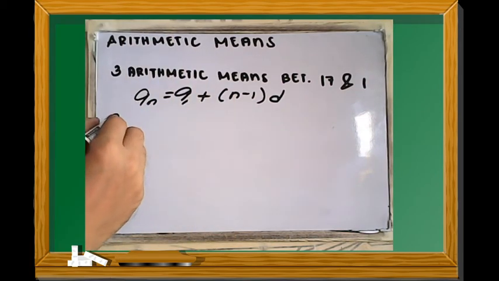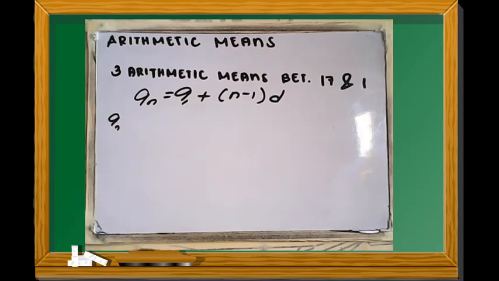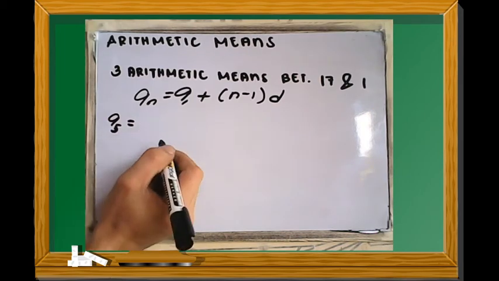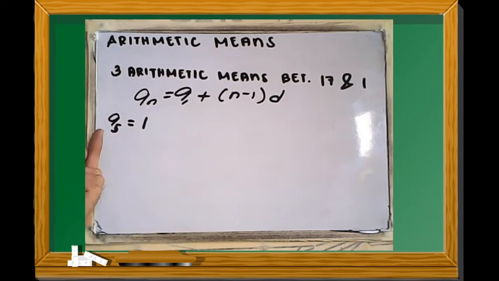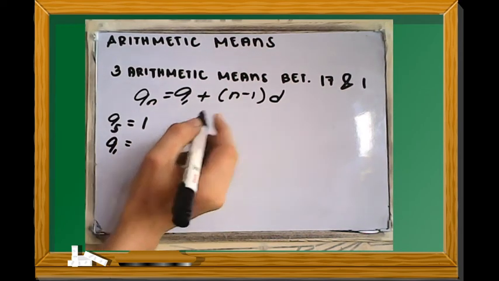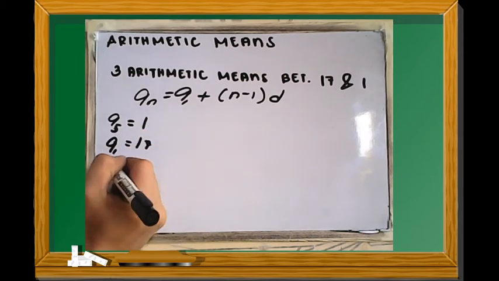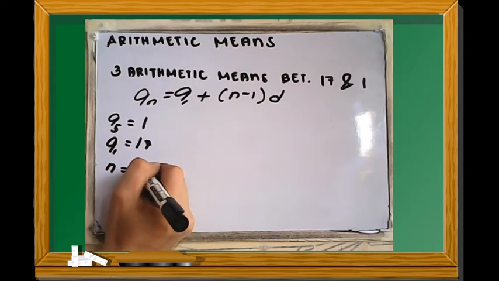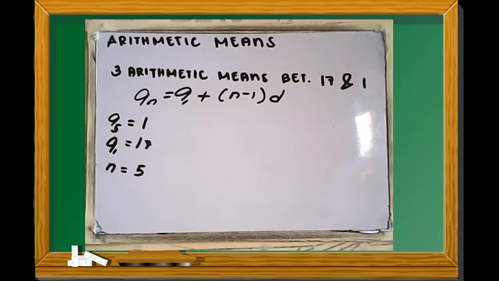So we have a sub n, or a sub 5, that is equal to 1. Our fifth term is 1, our a sub 1 is 17, and our number of terms is 5. Since a sub 5 is our last term, it is also our a sub n.